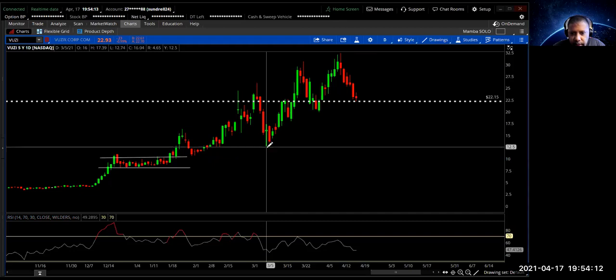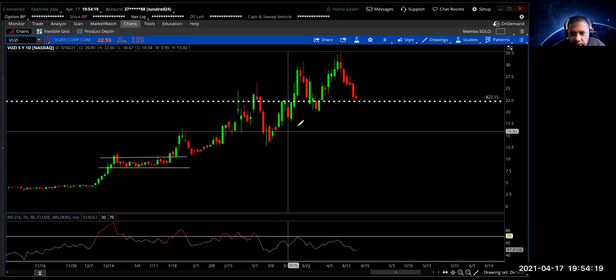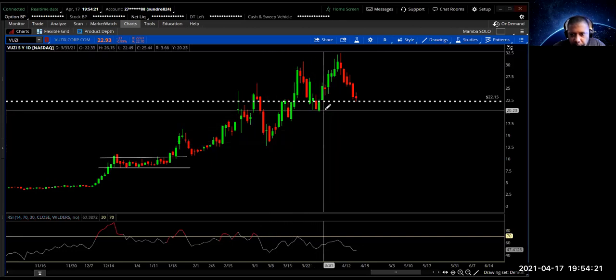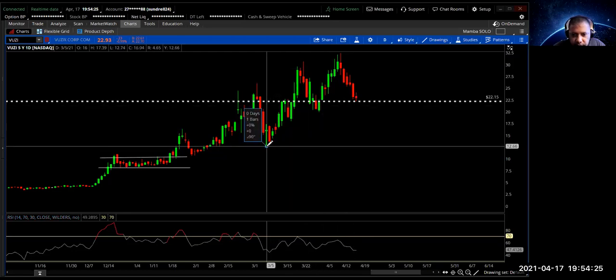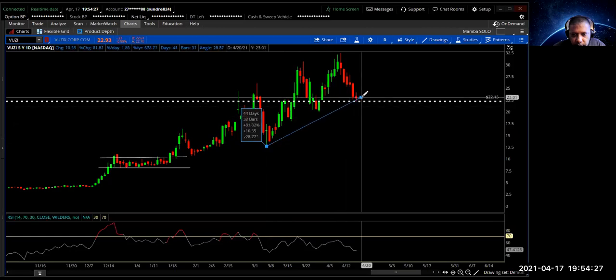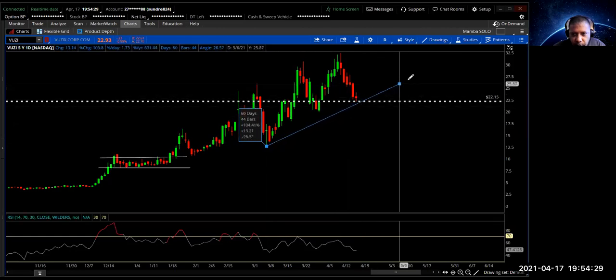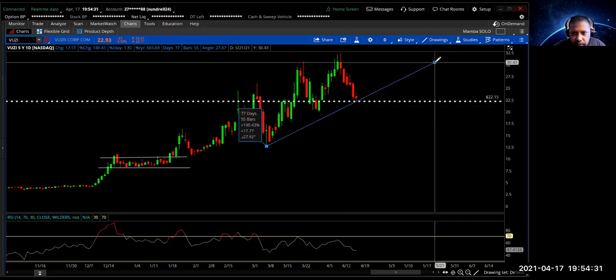So I'm going to draw it from right here, the bottom of this wick. And now if I draw it at a wick, I'm going to find the second wick, or I might angle it right there. So right now, I'm going to go here. First point, it's my second point, but you can just extend it out. That's how you extend out a trend line.